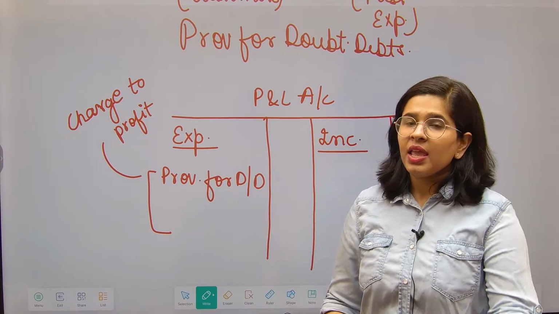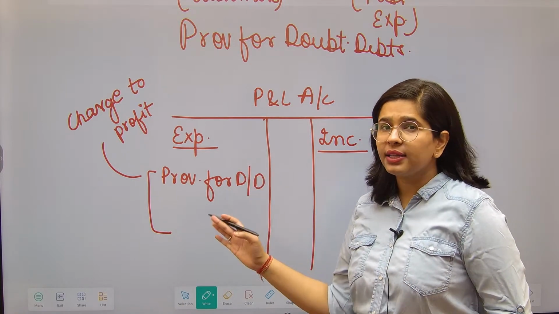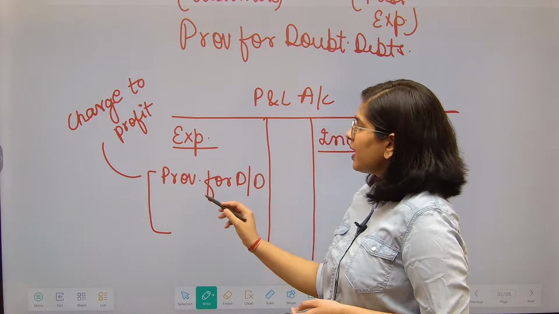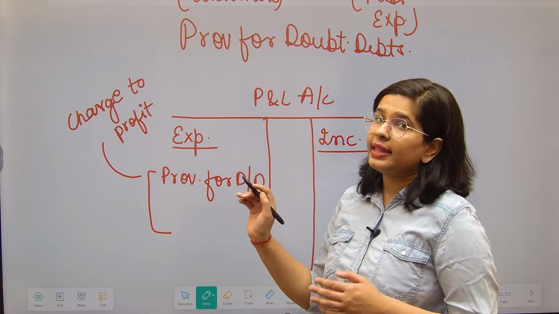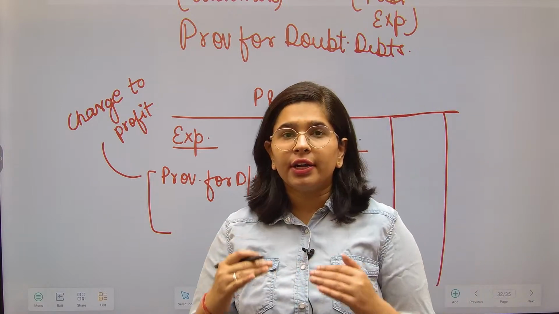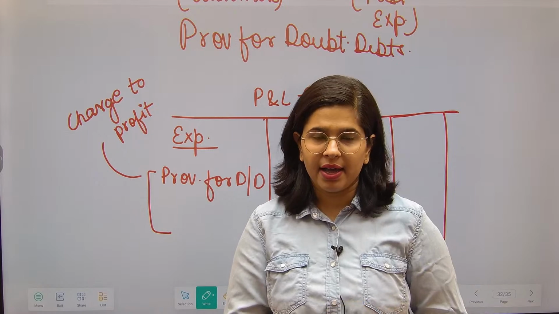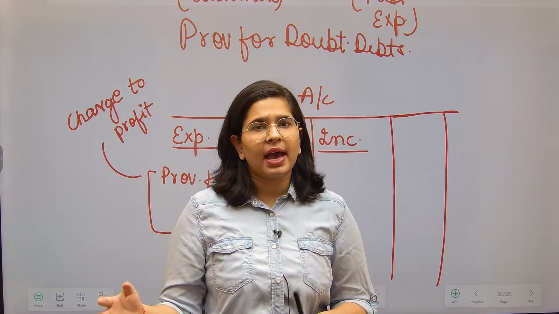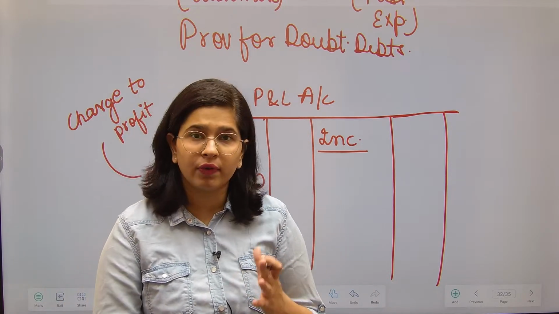Now the next thing is that provisions impact the taxability of profit. Suppose when I am writing the expenses over here in the form of provision, in that particular case my profit will get reduced. With reduced profit you will have to pay reduced tax. There are so many different things that are as per the Income Tax Act, but we are not here to discuss the Income Tax Act, hence I am not going over there.